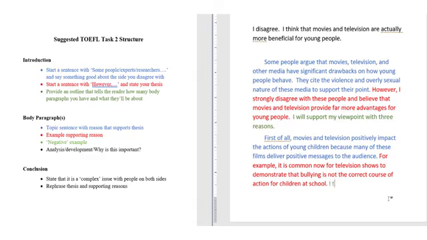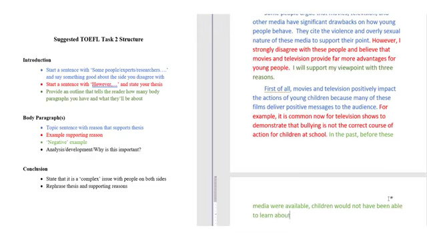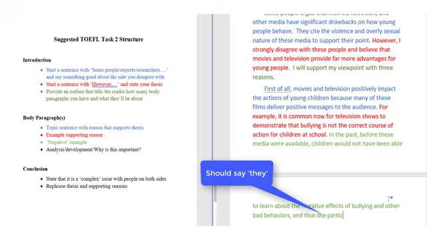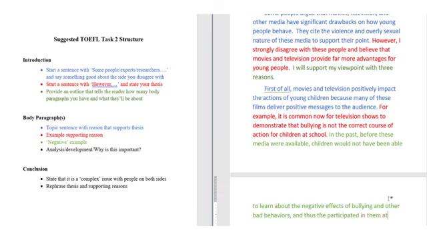In the past, before these media were available, children would not have been able to learn about the negative effects of bullying and other bad behaviors, and thus they participated in them at a higher, or let's say more frequent, rate. Okay, and let me come down a little bit.